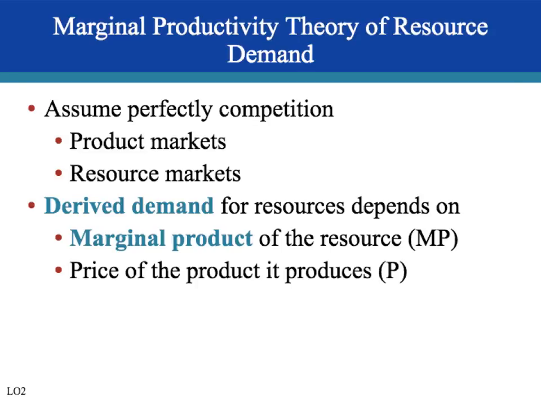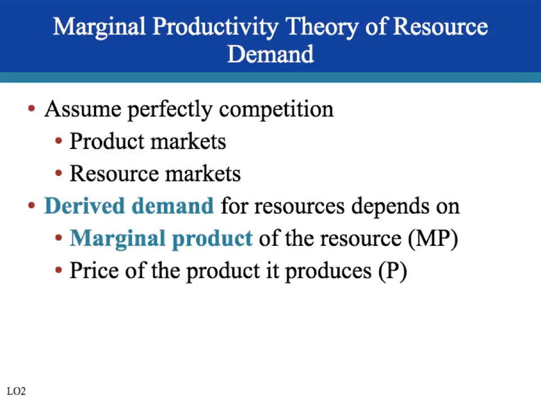The demand for resources is derived demand, meaning the firm demands a resource because it has decided to supply an output that requires that resource. So if I'm a baker and my customers want cakes, then my demand for sugar and butter, for example, is derived demand because I have decided to supply cakes.